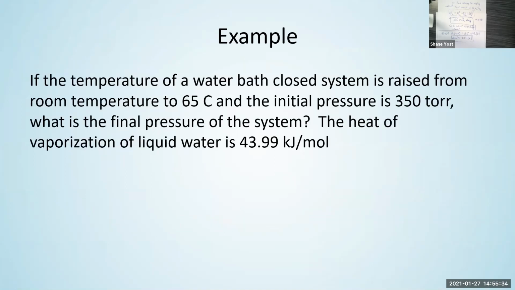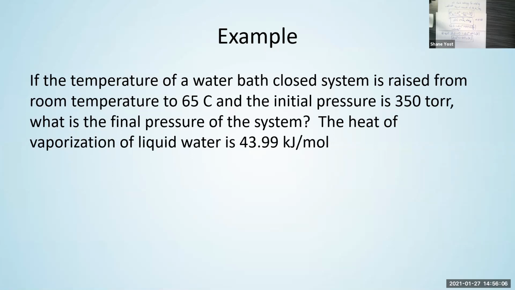So we have an example here. If the temperature of a water bath closed system is raised from room temperature to 65 Celsius, and the initial pressure is 350 torr, what is the final pressure of the system? It's a closed system, just water, so the vapor pressure of the water is initially 350 torr at room temperature, 25 degrees Celsius.